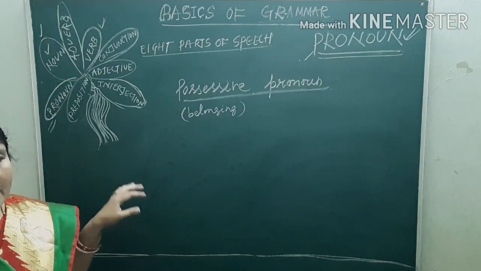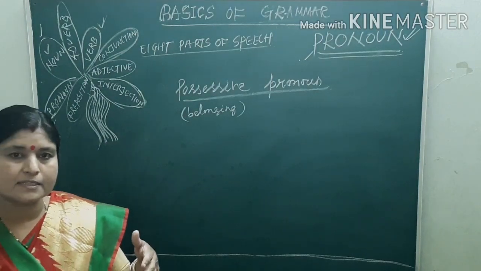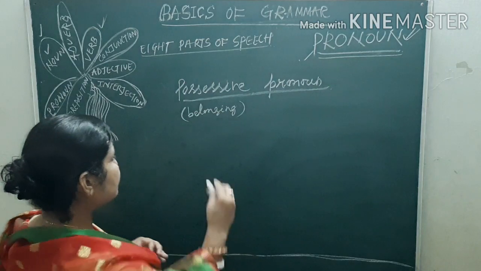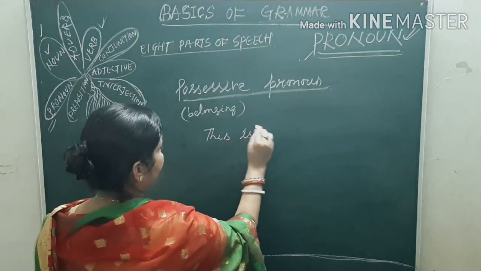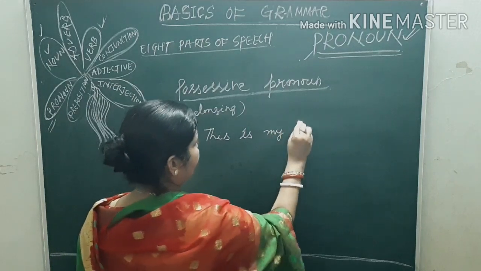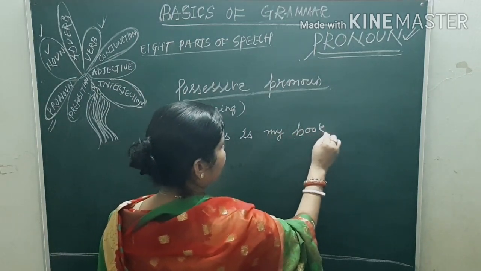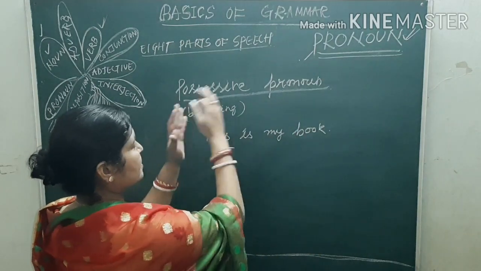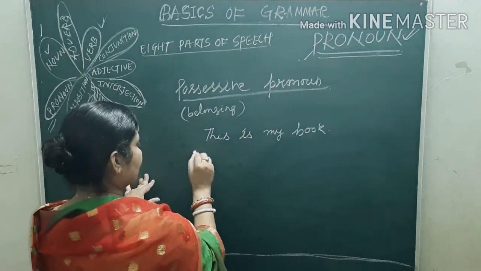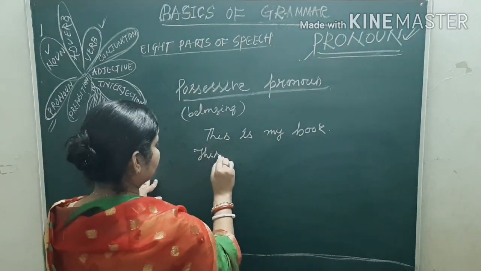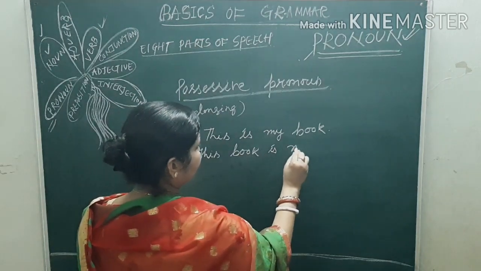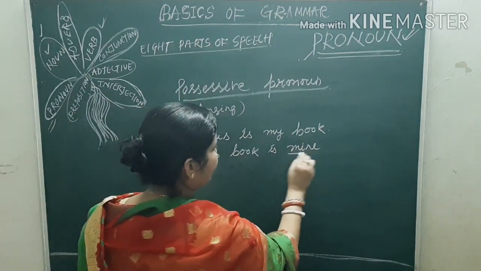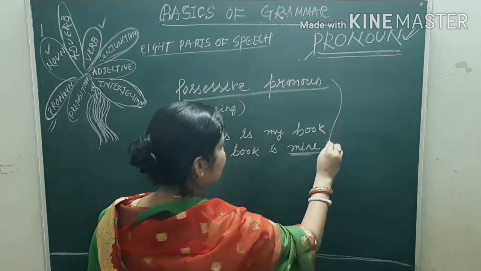This is my book. This book is mine. If we change it into possessive pronoun, what will we write? This book is mine. So mine is known as the possessive pronoun.